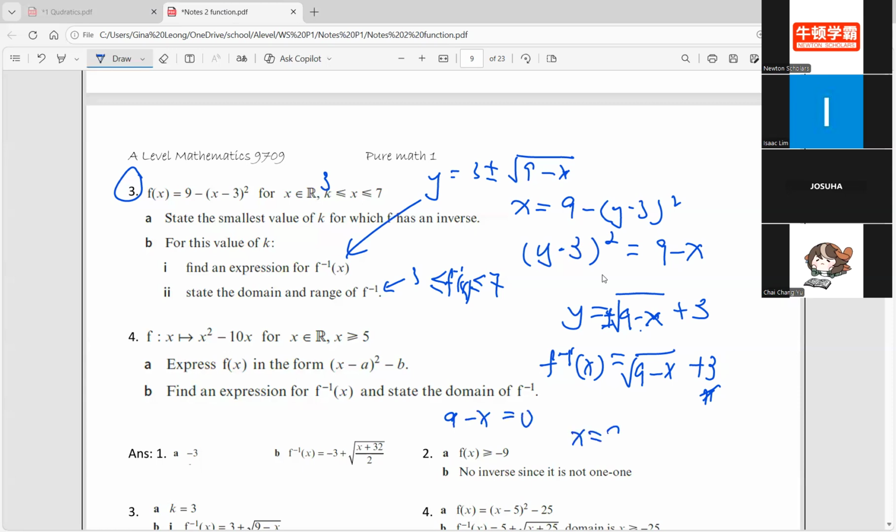So your x should be 9. So the value should be x less than, sorry, cannot be more than. Less than or equal to 9.